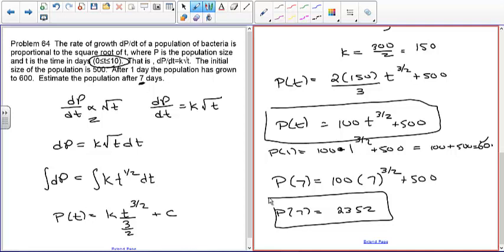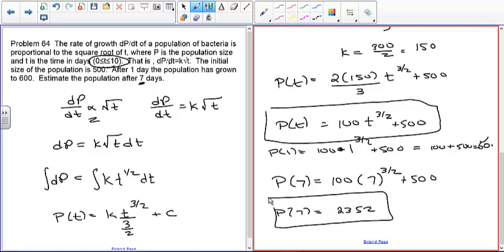So that's just the math. What we do is take dp dt and multiply both sides by dt. We integrate both sides. The integral of dp is just p. Here we take the constant out, integrate this, add 1 to the exponent, divide by the new exponent.